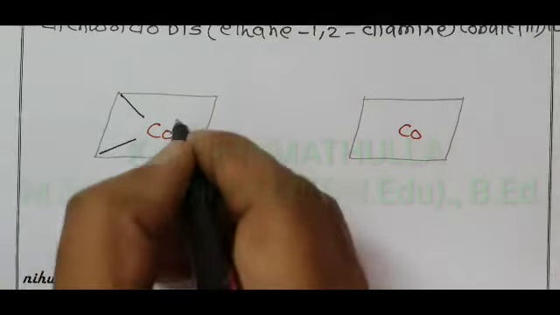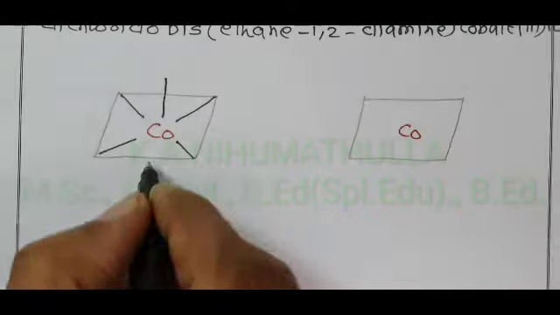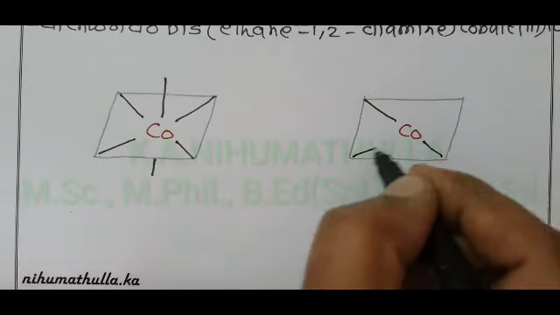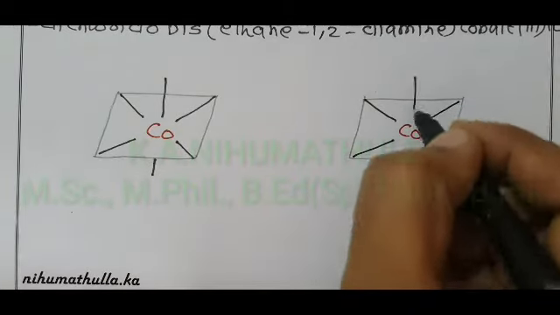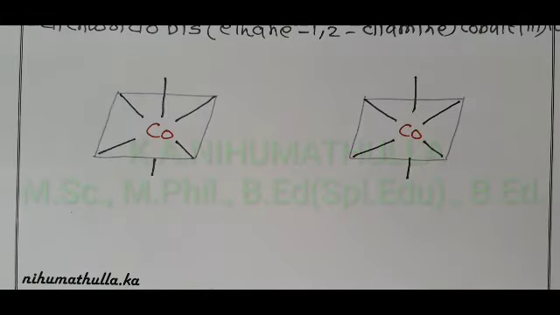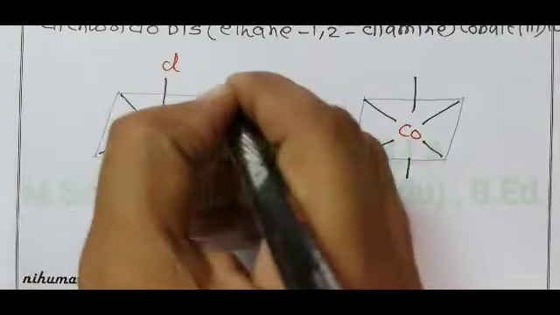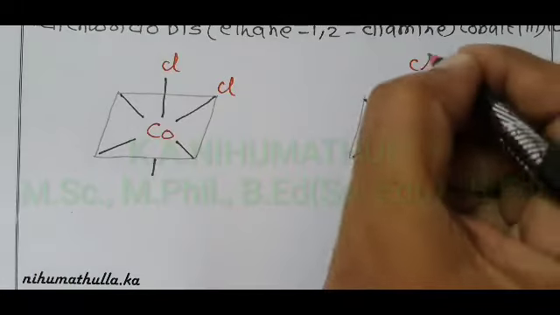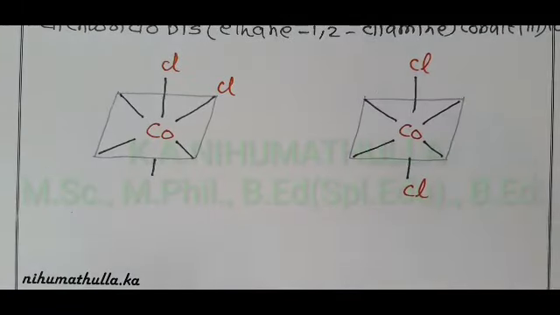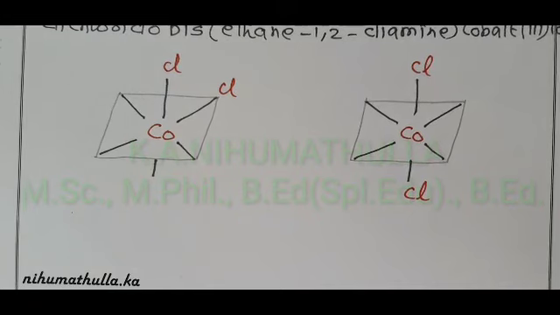Above the plane 1 bond, below the plane another bond. Now see, the 2 chlorine atoms are in 1, 2 position. This is cis. 2 chlorines in 1, 6 position is trans.